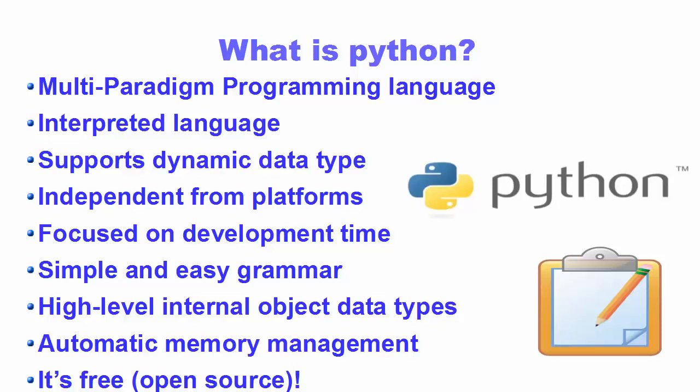Now, Python supports dynamic data types. To understand this, we need to understand the difference between statically typed and dynamically typed programming languages. Statically typed programming languages do the type checking at compile time, and dynamically typed programming languages do type checking at runtime as opposed to compile time.